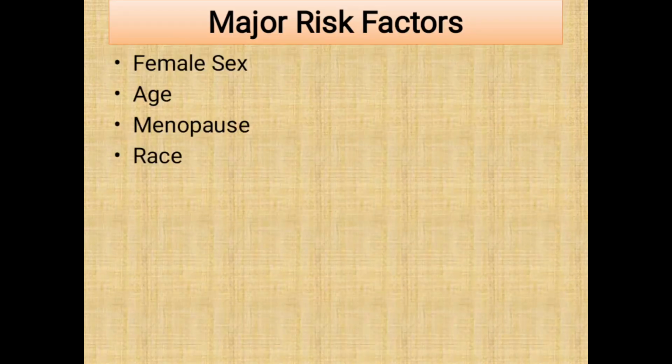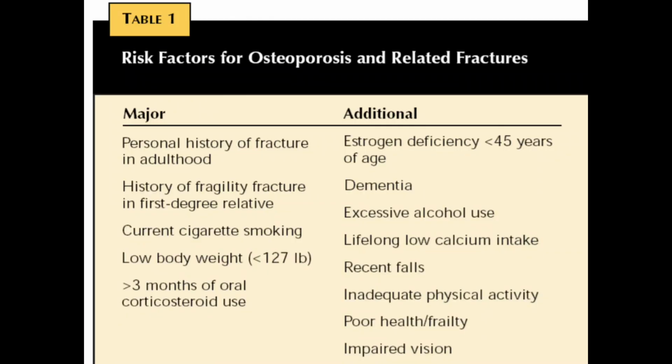What are the major risk factors of osteoporosis? They are female sex, increasing age, a woman reaching menopause. Also race, there are races more affected than other races. So, risk factors for osteoporosis and related fractures.